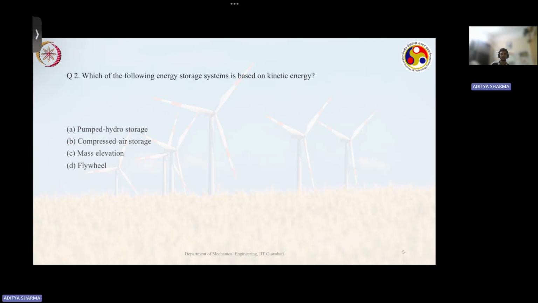First option is pumped hydro storage. Second is compressed air storage. Third is mass elevation.